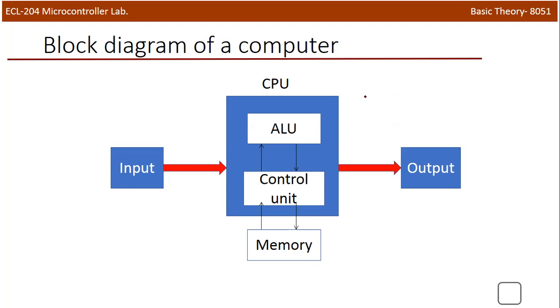For example, when you discuss digital electronics, there you will discuss adder circuit, subtractor, and a shifter. So these are some basic arithmetic and logic circuits. In the initial days, all these circuits were implemented separately, and we arranged them in different boxes or different rooms.